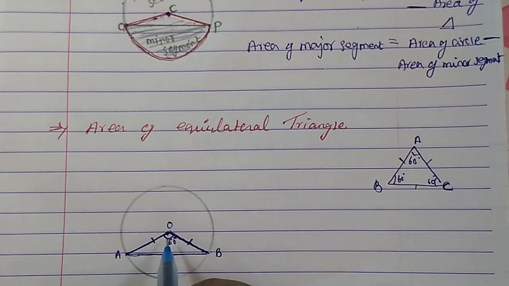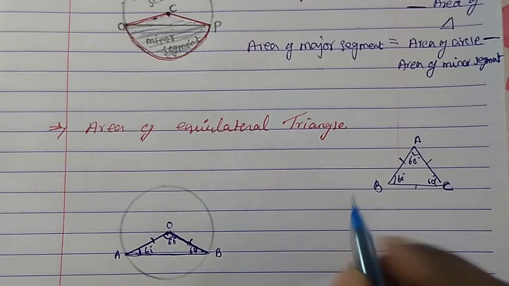The total of all three angles is 180. From 180 you subtract 60, which leaves 120. So the other two angles are the same, 60 here and 60 here. So this becomes an equilateral triangle.